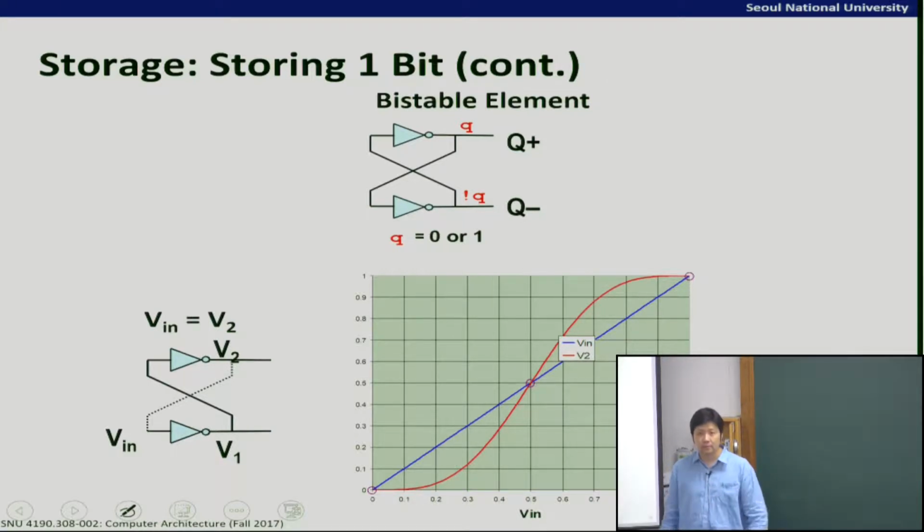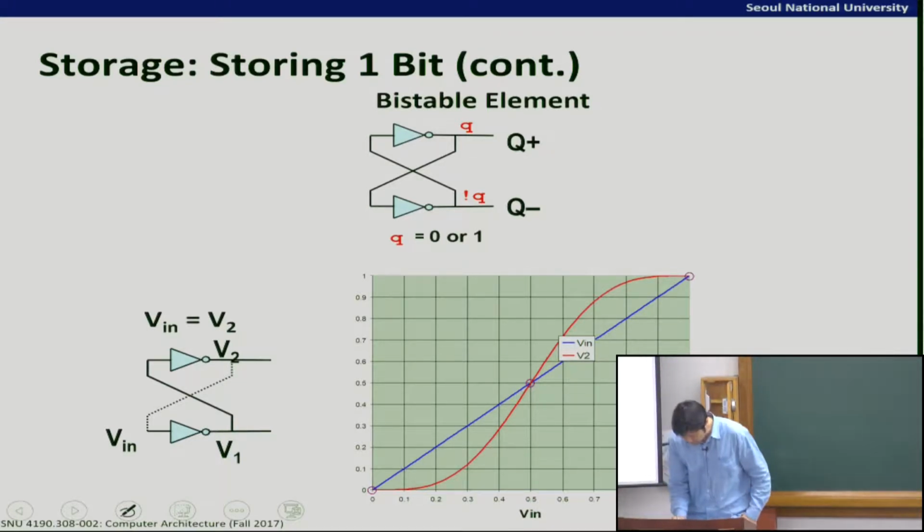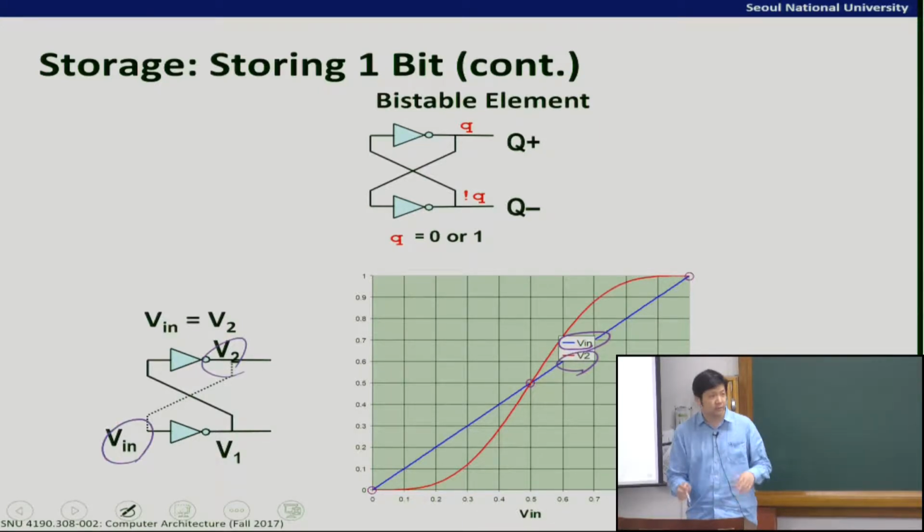The Vin curve is just the identity function, right? There's V1 versus Vin, and this one is V versus V2. But in this case, V2 and Vin should be identical. They are short-circuited, right?